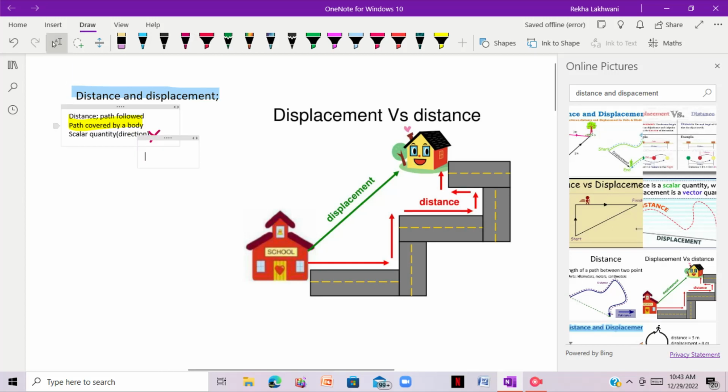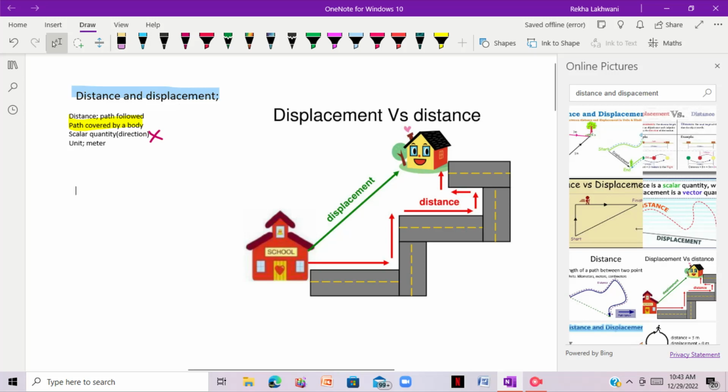Now let's talk about what displacement is. Basically, displacement is the shortest distance. The shortest distance covered by a body is known as displacement.